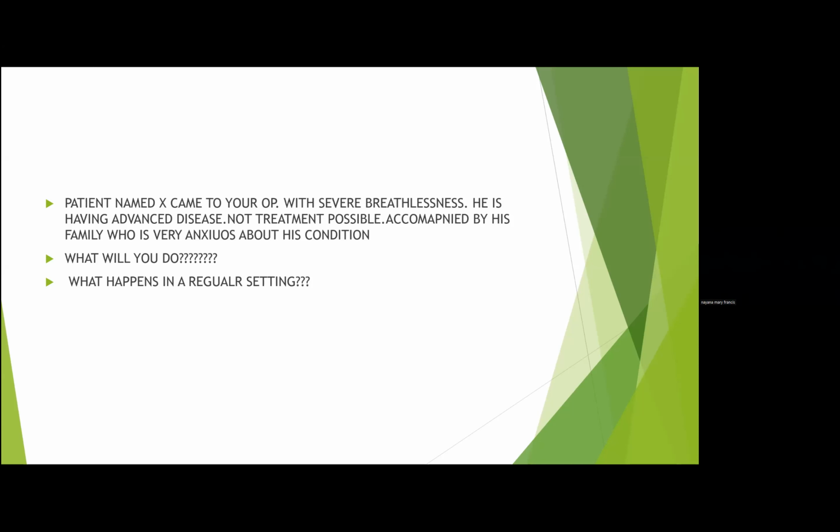And what will you tell the patient's bystander or caregiver, the family who has accompanied him? You are a sister or you are a doctor. What will you tell about the condition of the patient?